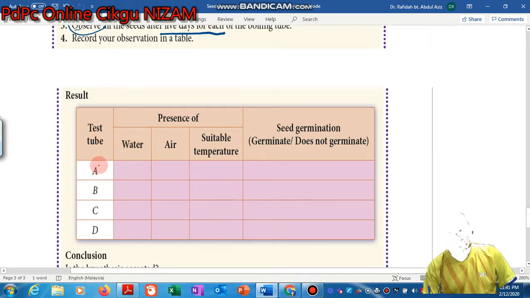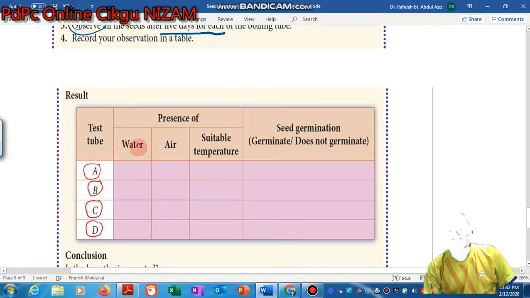So we have test tube A, B, C, and D. Yeah, and then from here we have to put the information or the condition for every test tube, boiling tube, and then after 5 days, based on the observation, we put the observation here.